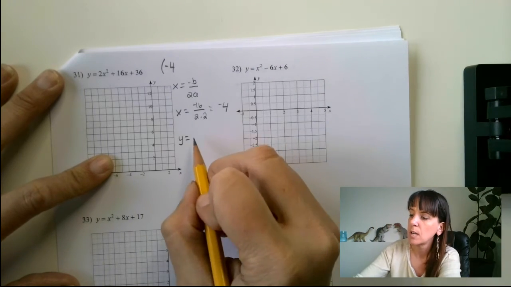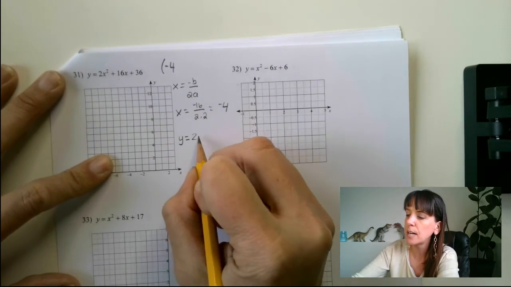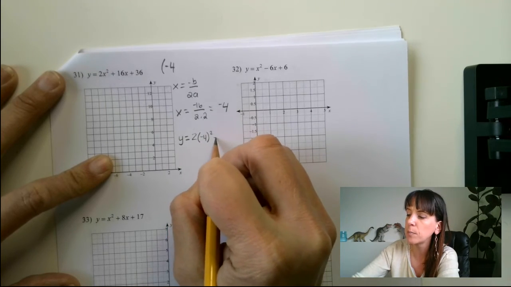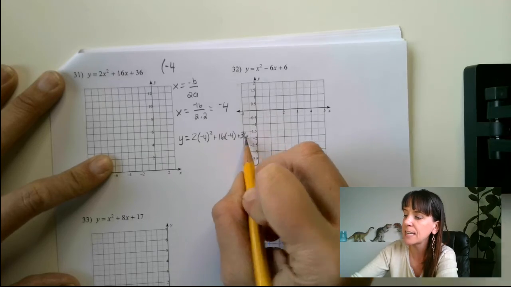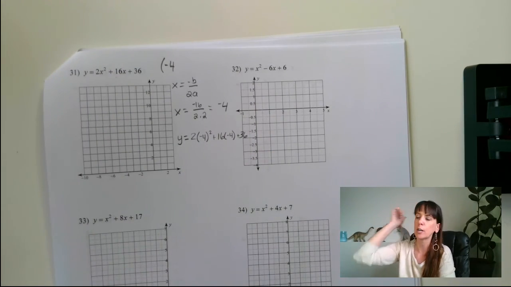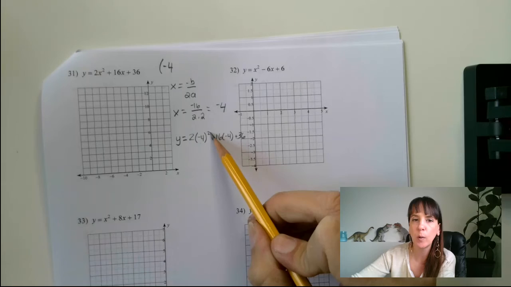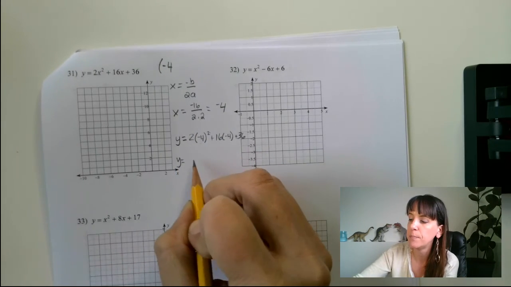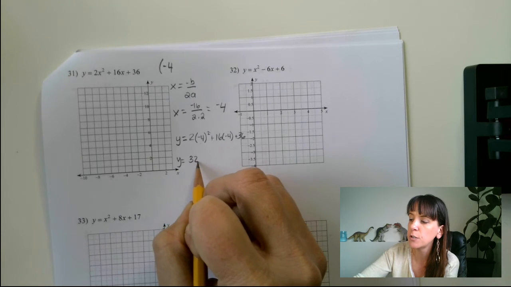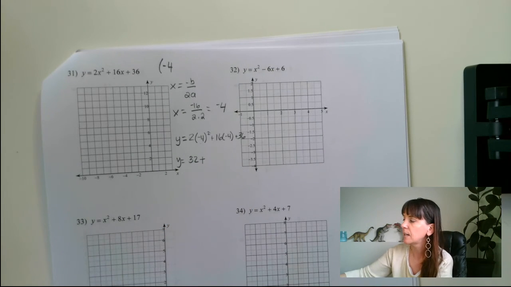Y equals 2 times negative 4 squared plus 16 times negative 4 plus 36. Darn it, I squished that all the way over. Quantity negative 4 squared is 16. 16 times 2 is 32. So we get 32 plus 16 times 4 is 64.